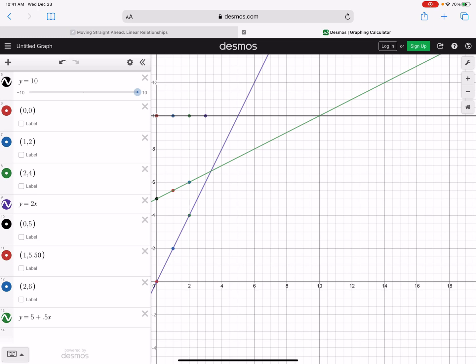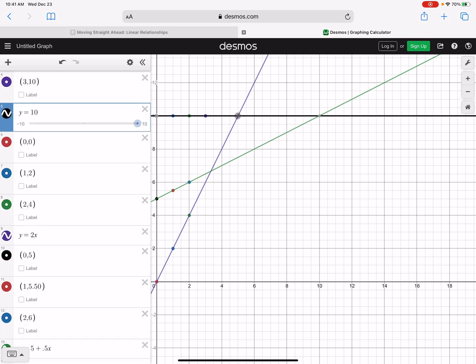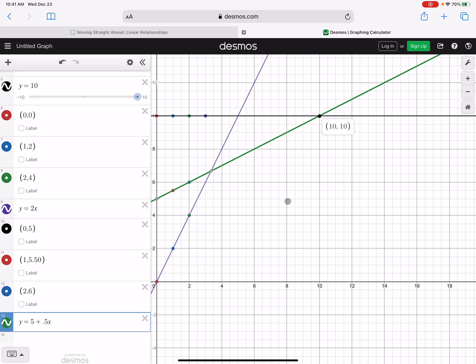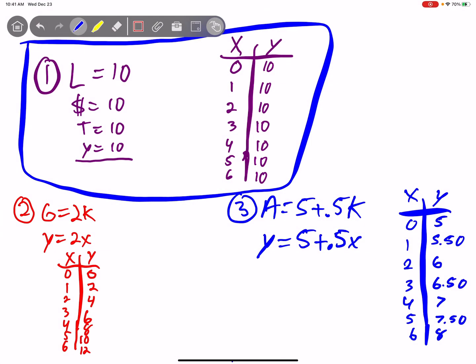Notice that these graphs intersect at certain points. There's one intersection there, there's another point of intersection there, and there's another point of intersection there. What do these points tell me? Well, we're going to come back to the graph in a second.